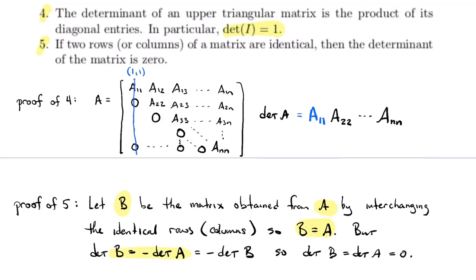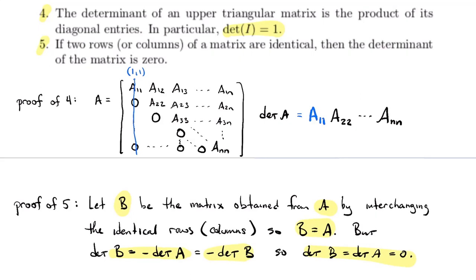So if B is equal to A, then the determinant of A is equal to the determinant of B. But on the other hand, they have to be opposites, right? So the only way that a number can be its own opposite is if that number is 0. So if you have 2 rows or columns of a matrix that are exactly the same, then the determinant has to be 0.